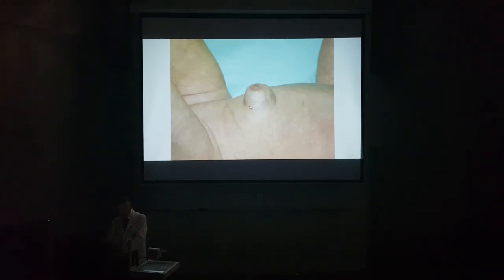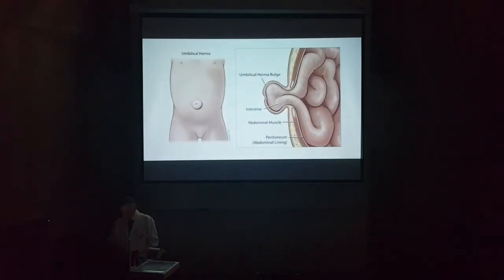And the opening for this umbilical cord should close. Once you clamp the umbilical cord, this cavity is going to close. It doesn't sometimes. So whenever the baby cries, the umbilicus bulges out.